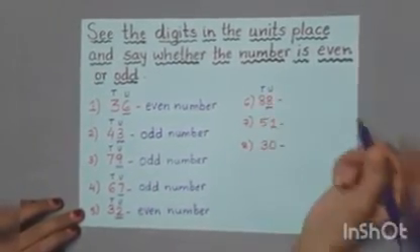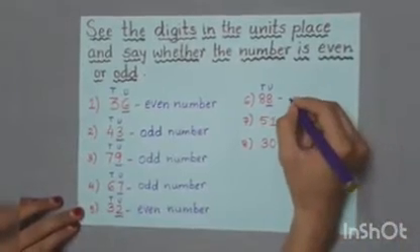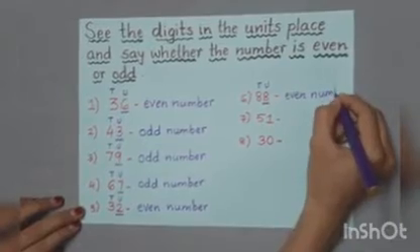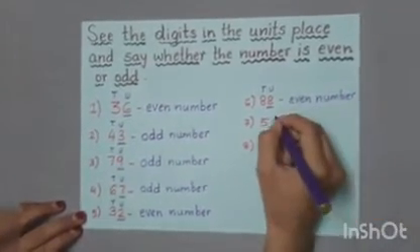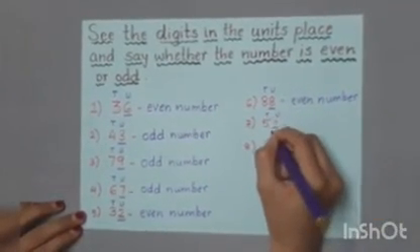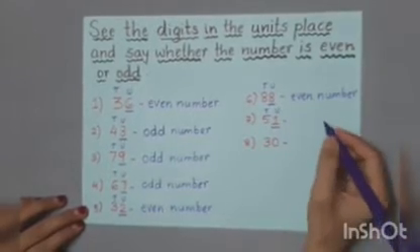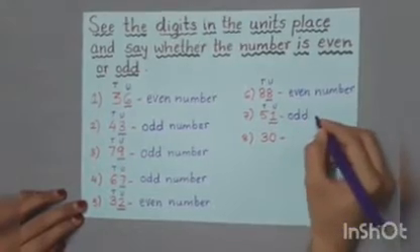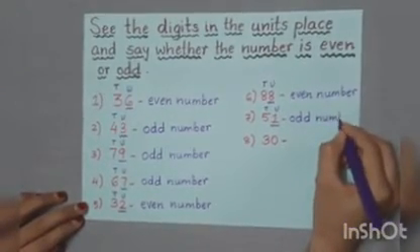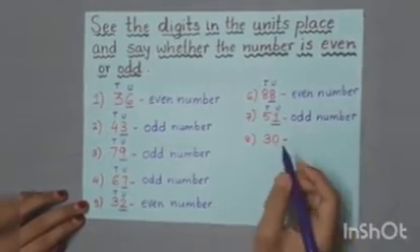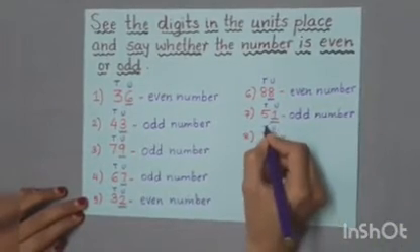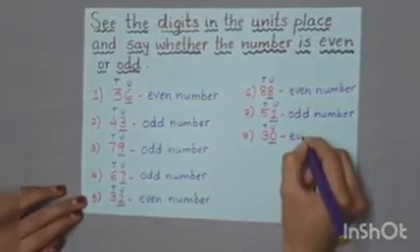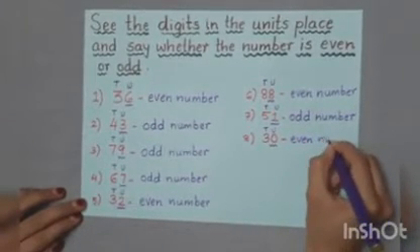In the units place I have 8. So 8 is a even number. Next I have is 51 and in units place there is 1. So 1 is not a even number. It is a odd number. And the last I have is 30 and in units place there is 0. So 0 is a even number.